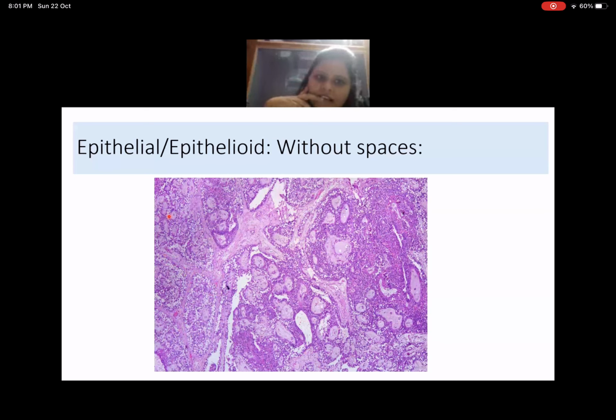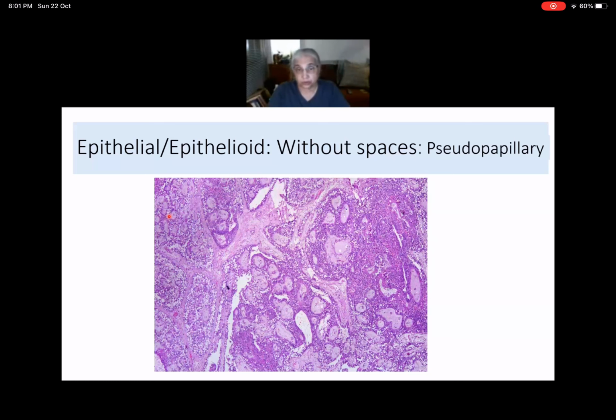And then you look close by and you see the same fibrovascular cores are here in the stroma. So what does it mean? That this is a solid tumor which is showing dissociation of the cells from one another, forming spaces, and therefore producing what is called a pseudopapillary appearance.